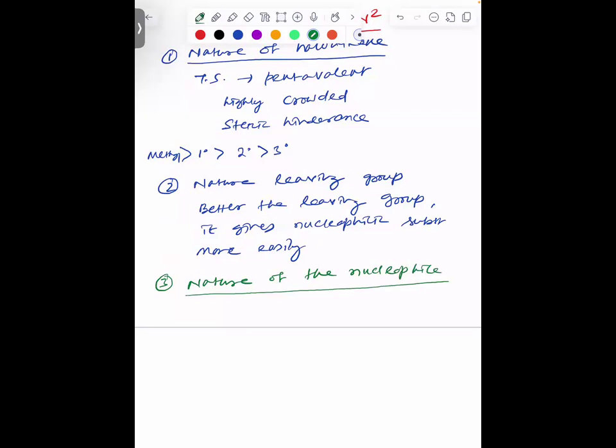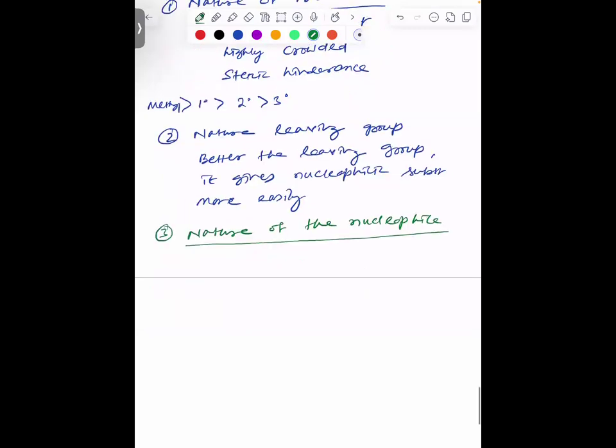Nature of the nucleophile. Where there is a better nucleophile, where there is better nucleophilicity, it easily gives the reaction. The more the nucleophilicity, the more easily it gives SN2 reaction.